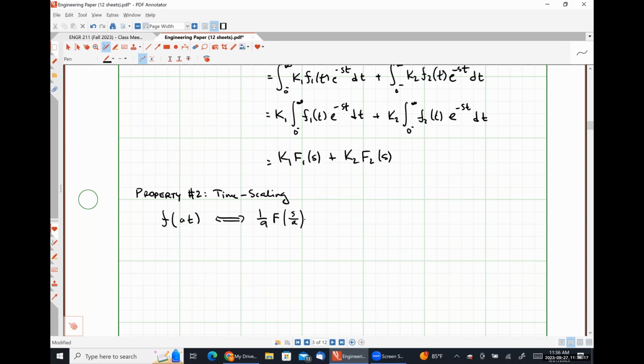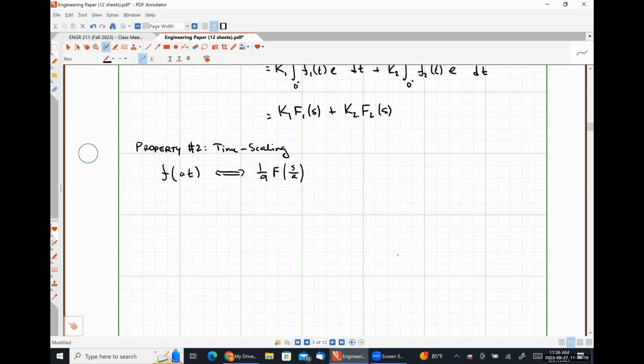So once again, let's prove it. So the Laplace transform of f of at is going to be the integral from 0 minus to infinity of f of at times e to the negative st dt.